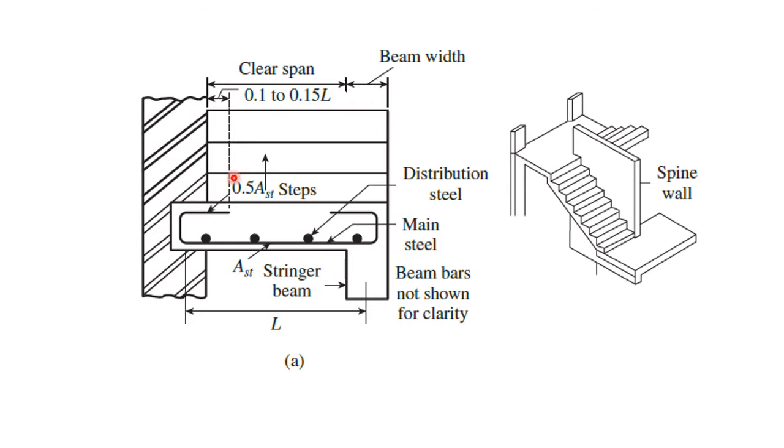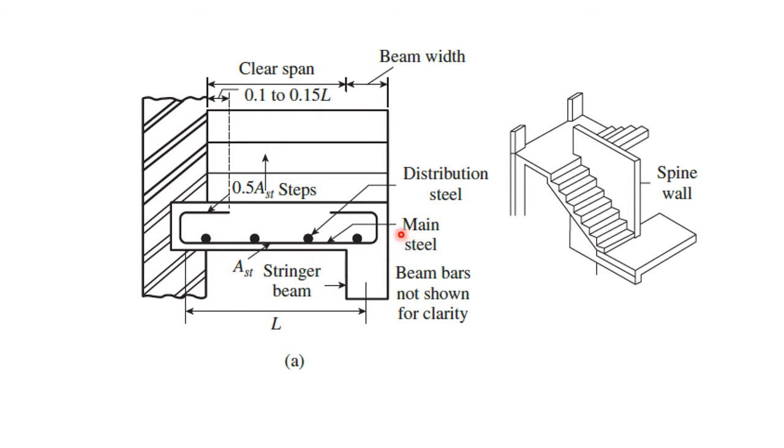This is a small part of the landing slab, and this gives you the reinforcement details of the landing slab. The landing slab will be supported on a beam, and this beam we call the stringer beam, which will be designed and detailed the same as the normal beams you have done in the previous class.